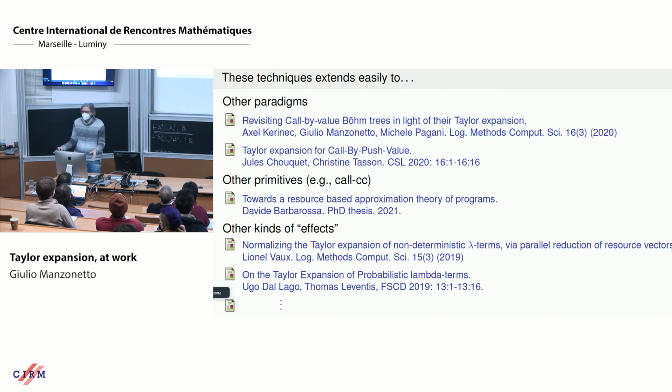OK, so the point is that all these proofs are easy to generalize to other kinds of languages, like probabilistic ones, or even other paradigms, like call-by-value and call-by-need. And that's it.